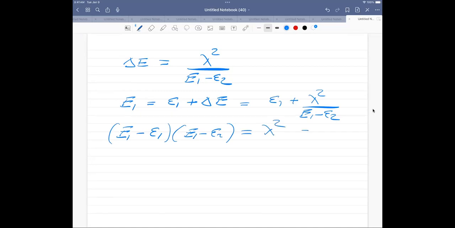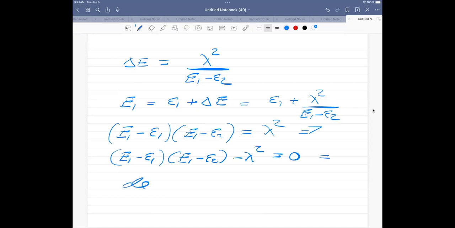And this can be rewritten as (E1 minus epsilon 1)(E1 minus epsilon 2) minus lambda squared equals 0, which is the same as the determinant of epsilon 1 minus E1, lambda; lambda, epsilon 2 minus E1, equal to 0. And this is the exact solution we have.